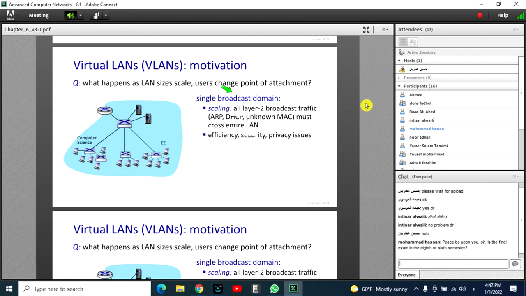A bigger broadcast domain has several security and privacy issues. Also, a big broadcast domain makes some inefficiency in my network, because the broadcast frame will be forwarded over the whole broadcast domain.